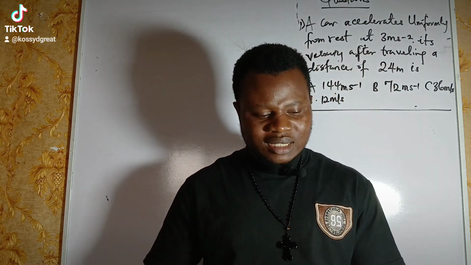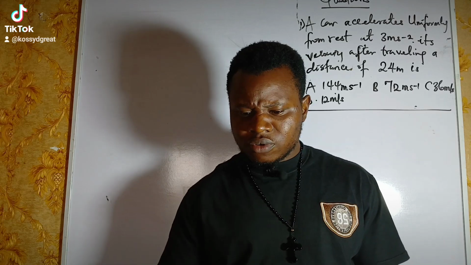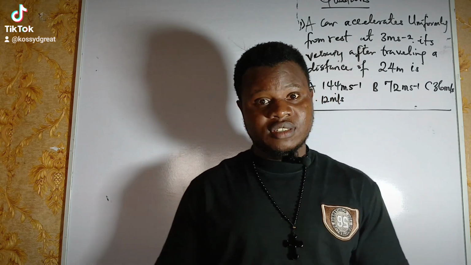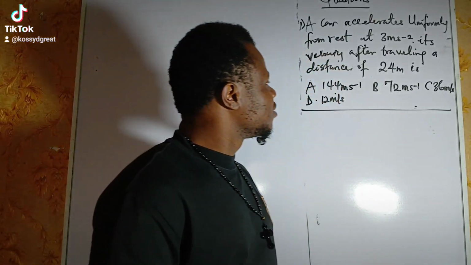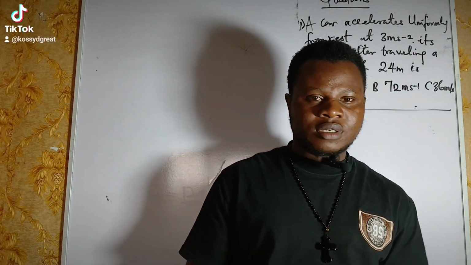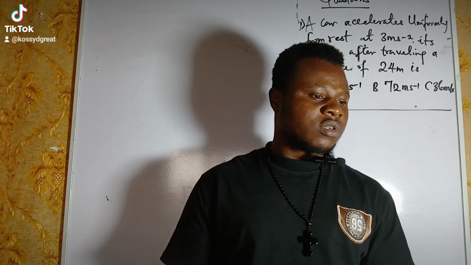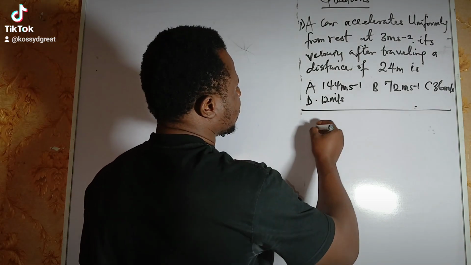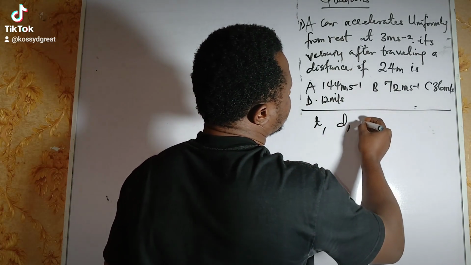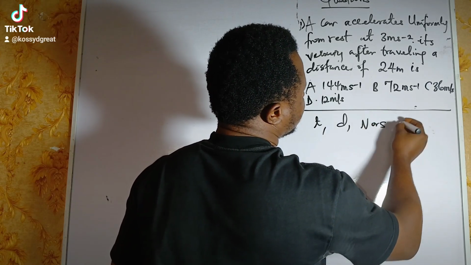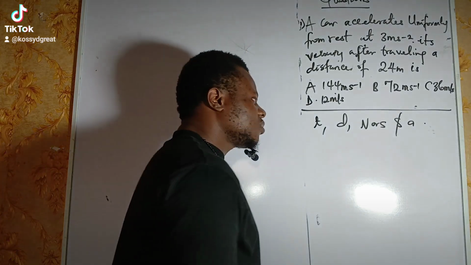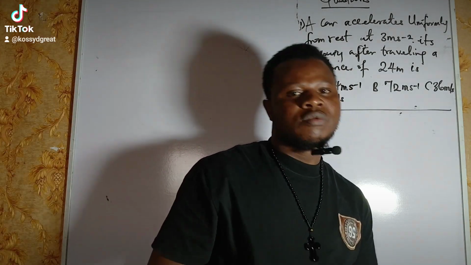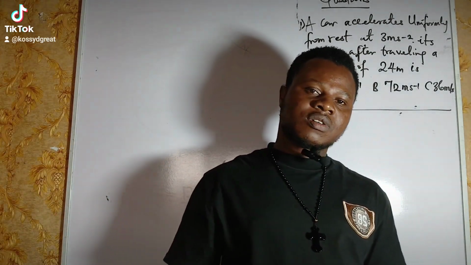We also observe the distance covered by the body, and we study the speed of the body and also its acceleration. So the very important parameters in kinematics are the time, the distance, the speed or velocity, and the acceleration.